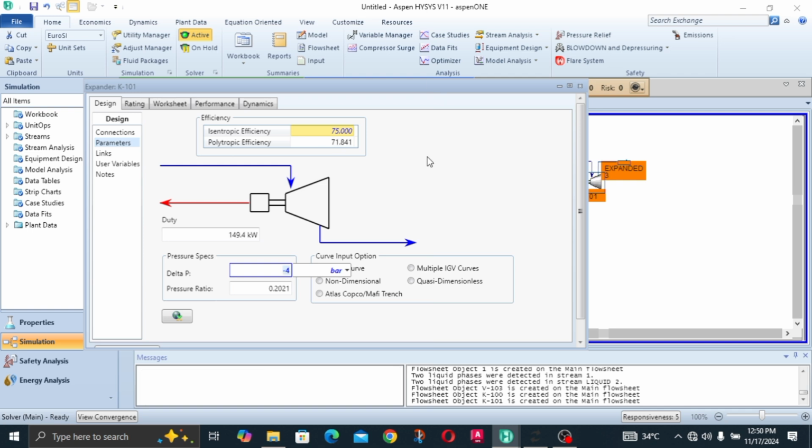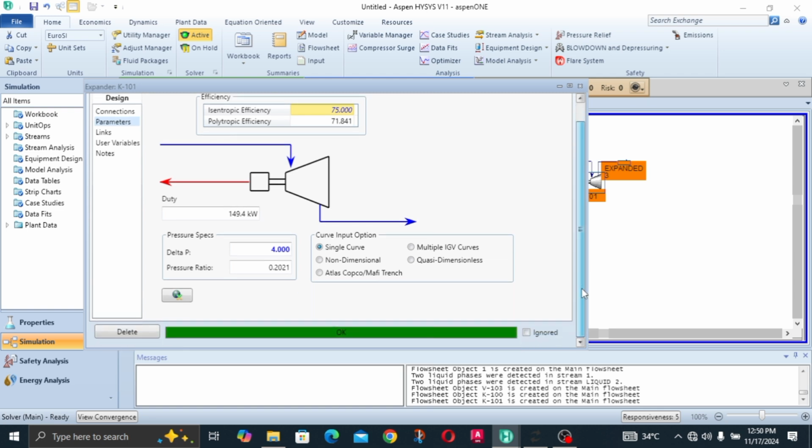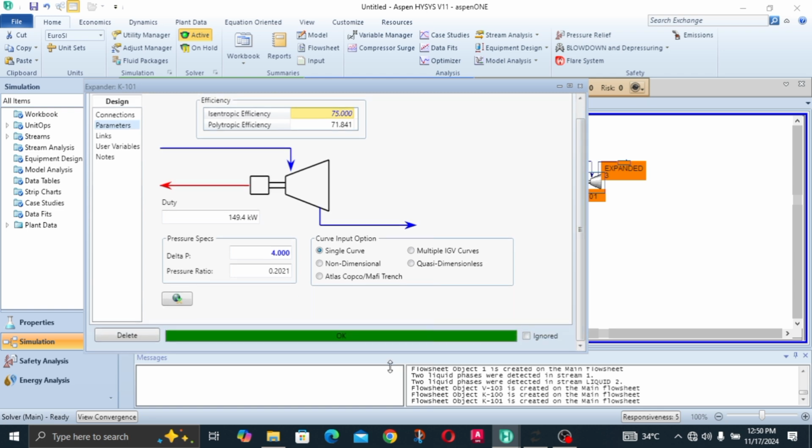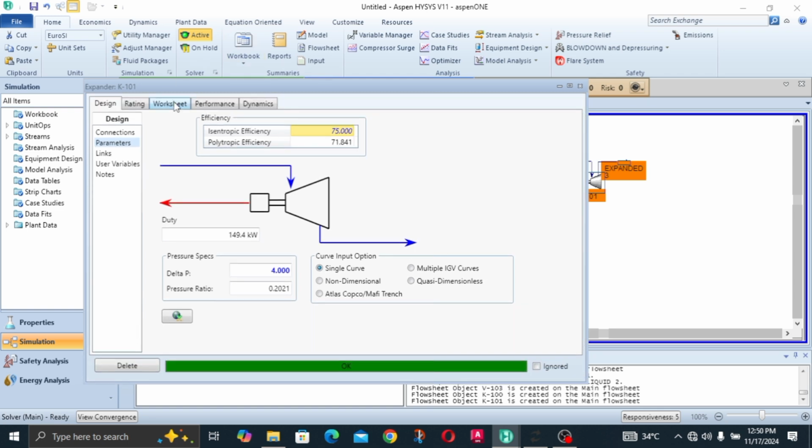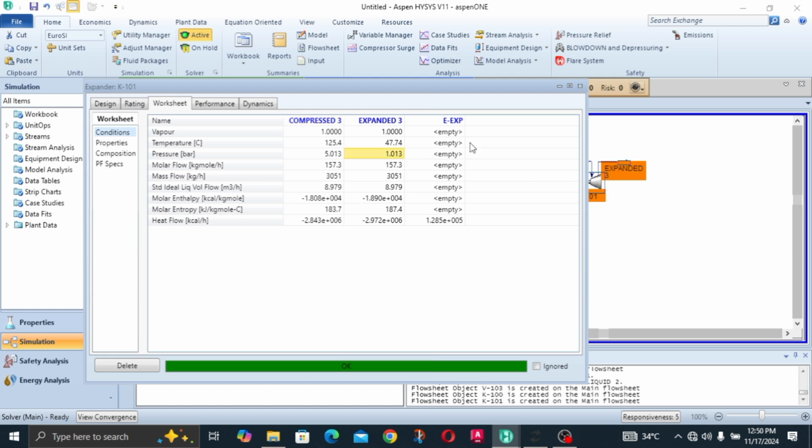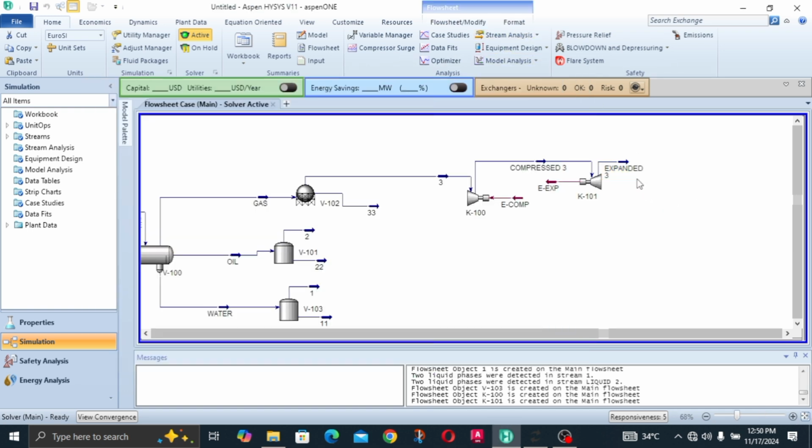We're having a -4, and our pressure ratio is 0.2021. We can see, okay, we're good to go. It means it has successfully operated. Now we head back and we can see we are back to our pressure of 1.013 bar. With that, we have successfully operated our expander also.